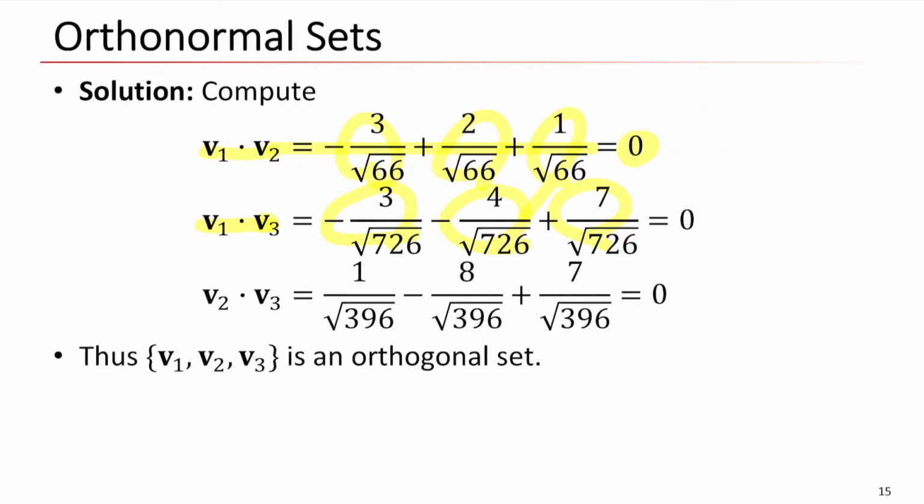What about v2 inner product v3? It will be something like this. So from here, we can say that v1, v2, v3 is an orthogonal set, because they are orthogonal to each other.